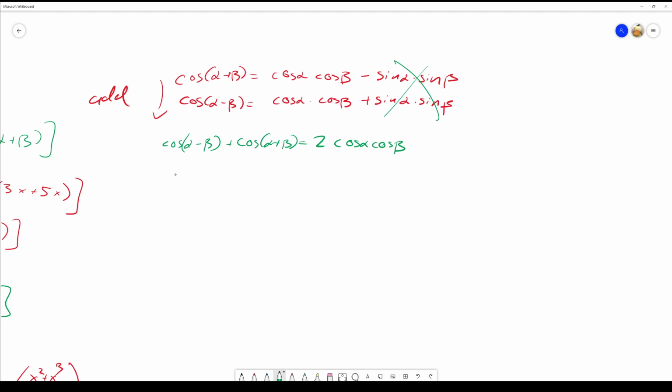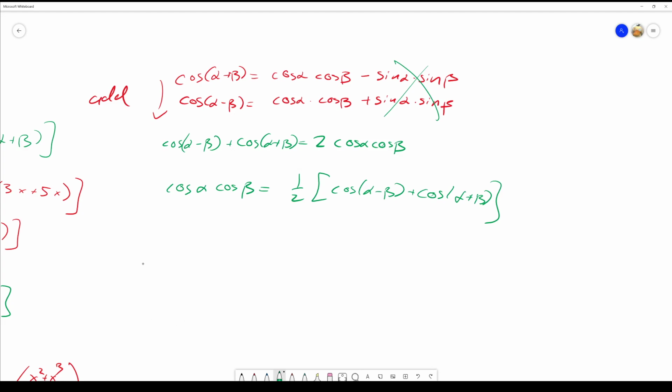So then you divide by 2 and it gives you cosine alpha cosine beta equals 1/2 of the cosine of alpha minus beta plus the cosine of alpha plus beta. So you can derive it directly that way. And the other 3 product to sum formulas can be derived in a similar way.